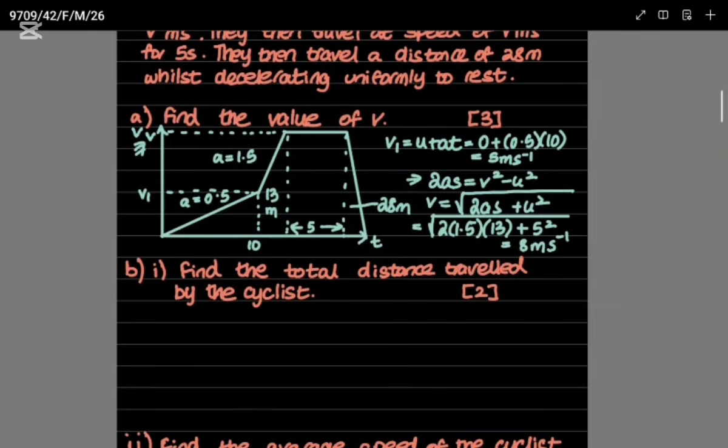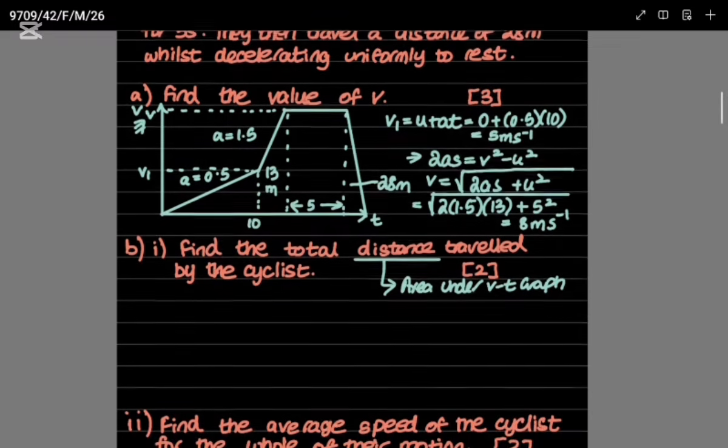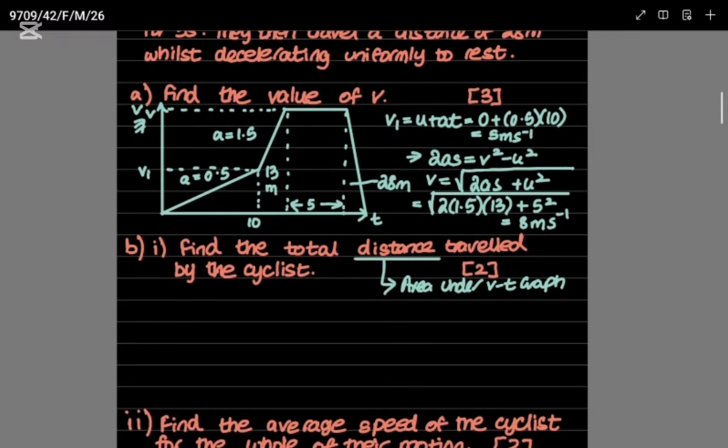Now part B, find the total distance traveled by the cyclist. Total distance, this is pretty easy. Distance is nothing but the area under the VT graph. That's why it's really good to draw a rough sketch.